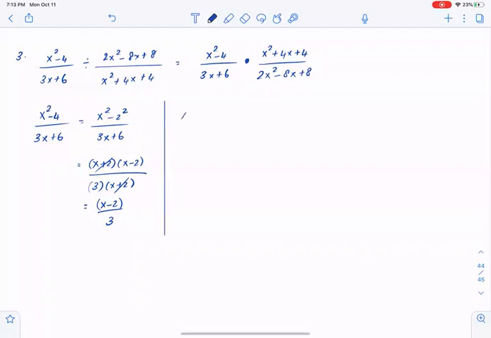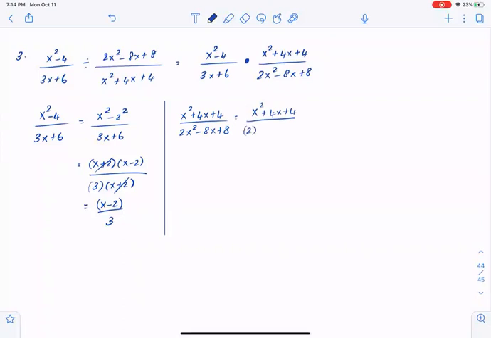The second rational expression, x squared plus 4x plus 4, divided by 2x squared minus 8x plus 8. The denominator has a 2 in common.